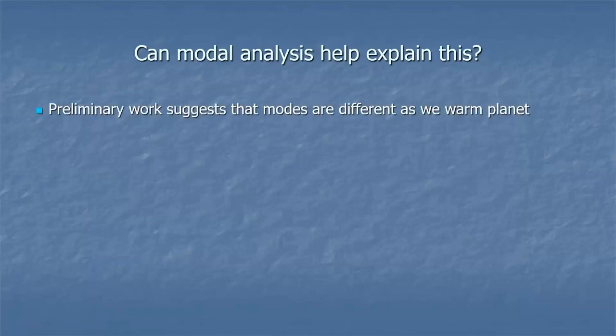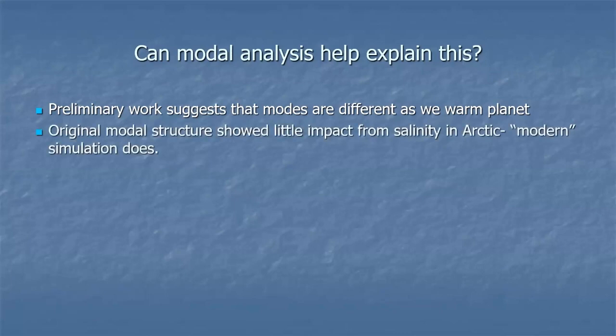Now, preliminary work suggests that the modes are different as we warm the planet. So the original modal structure, which I don't expect you to remember, showed relatively little impact of salinity in the Arctic. However, when we look at modes from the modern simulation from the last 50 years, if we take that ensemble and look across the ensemble, we get enough statistical power to look at the modern modal structure. And what we find then is that as the overturning increases and you warm the Atlantic, that warmth actually starts to produce salinity anomalies in the Arctic.